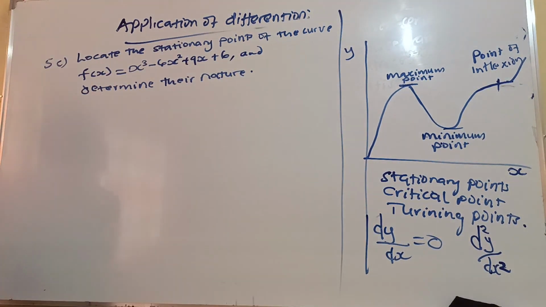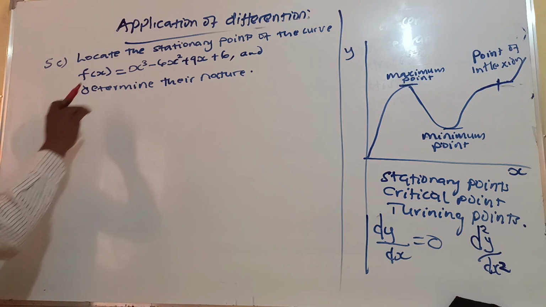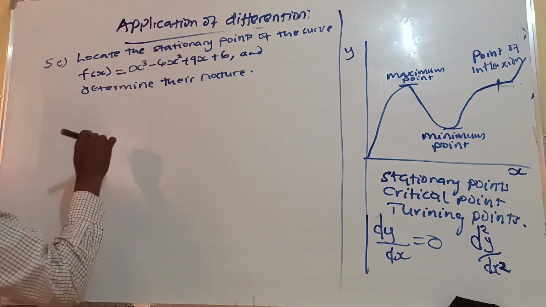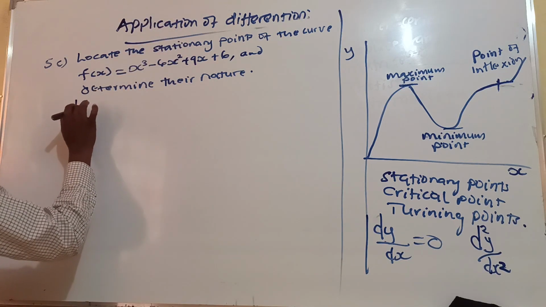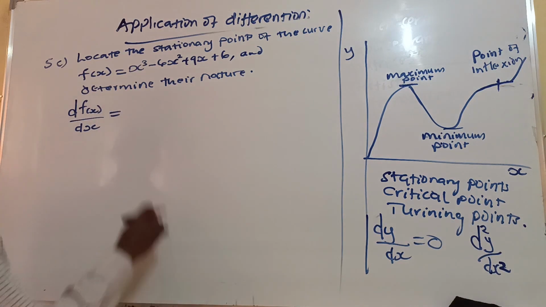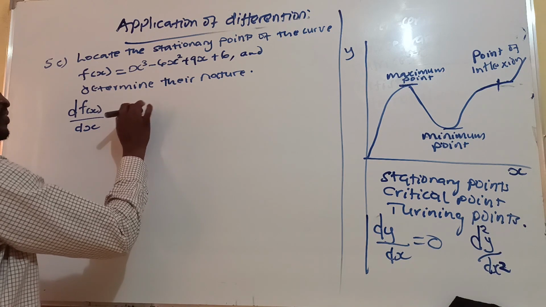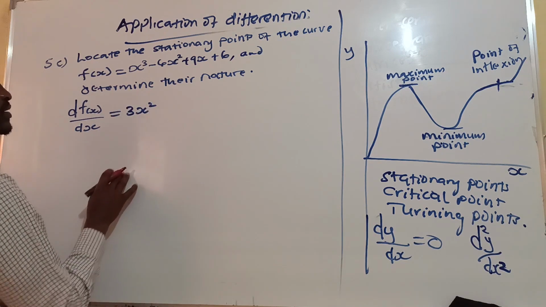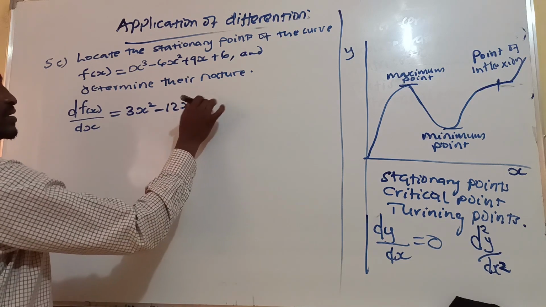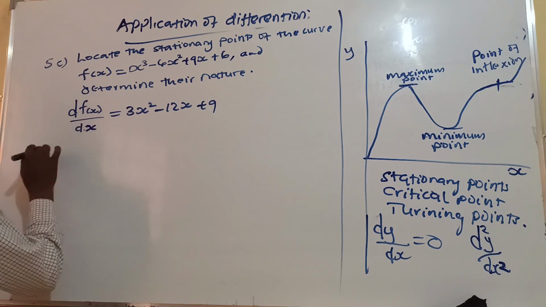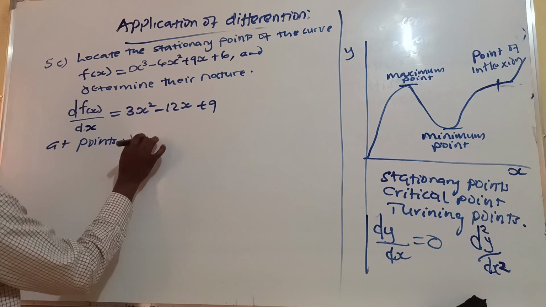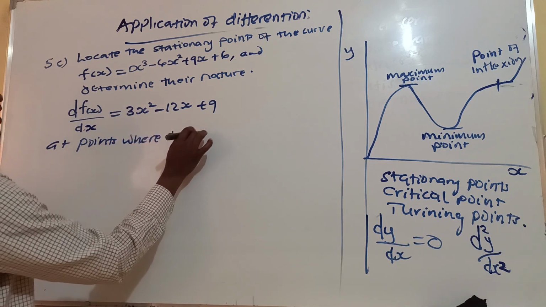So let us go back to our question with that knowledge. So what we need to do, maybe you can call the whole of this expression y, but you don't have to. You can say derivative of the function of x with respect to x is equal to 3x squared minus 12x plus 9 at points where turning point exists.